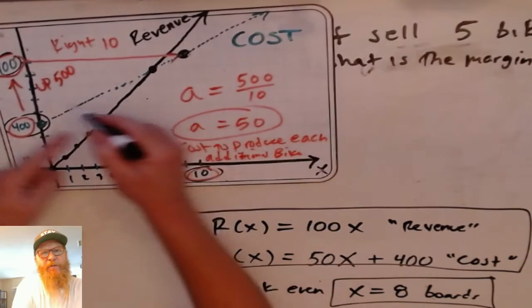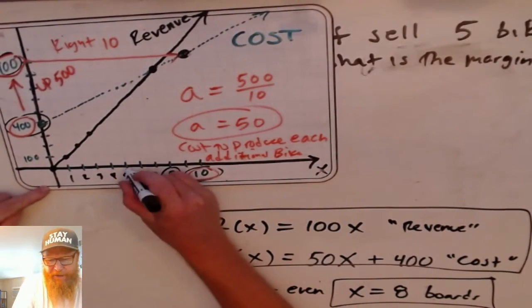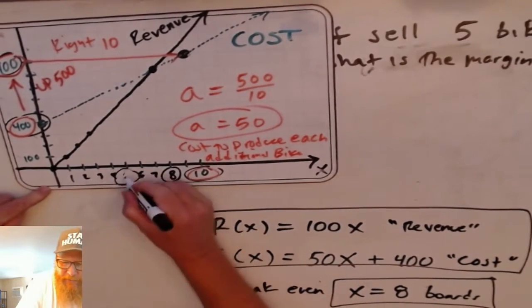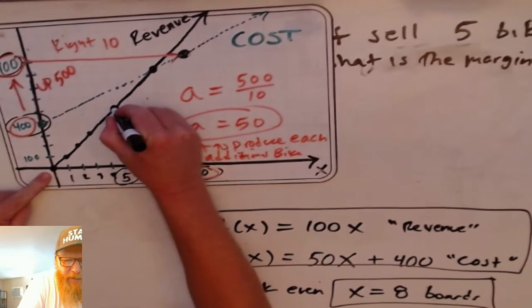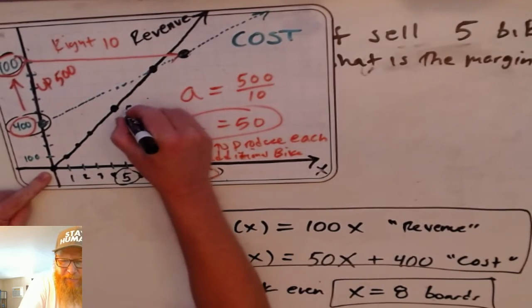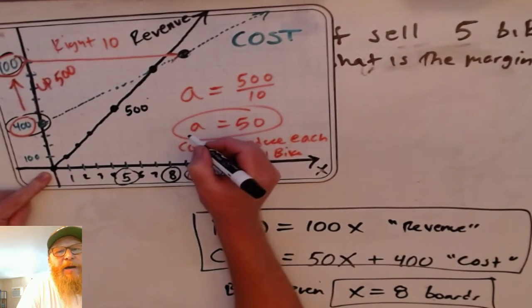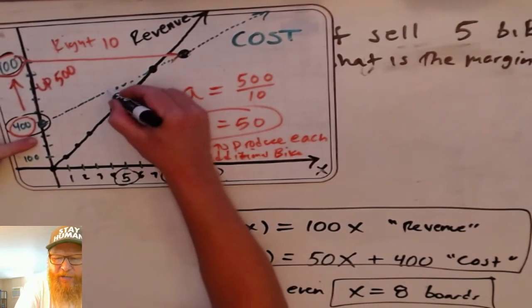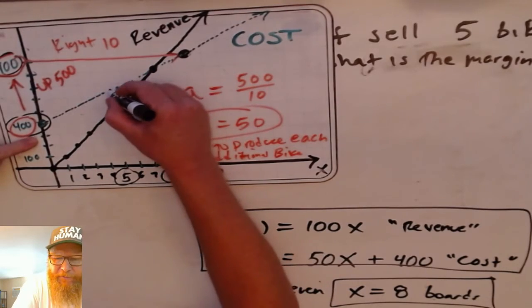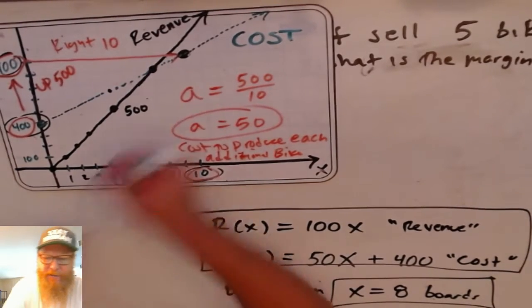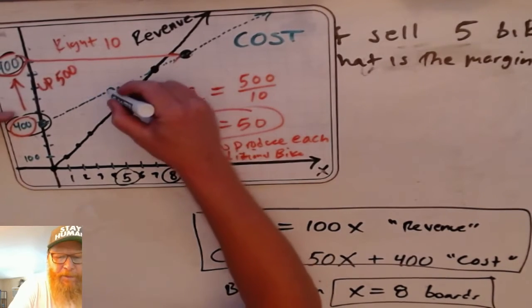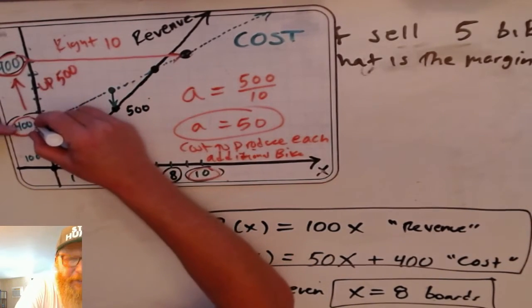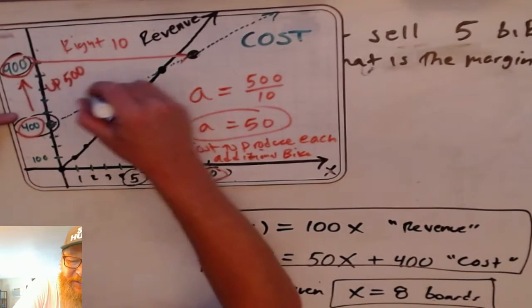All right, so let's come over here. We've got 5 bikes. We know it's going to cost us how much? How much are we going to make on 5 bikes? That's $500 for 5 bikes. But the cost for 5 bikes is a little bit higher. So we got 4, 5, 6, 50.